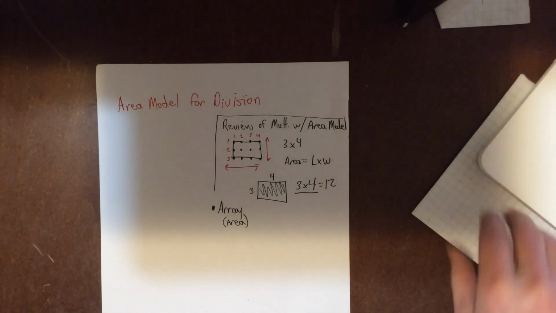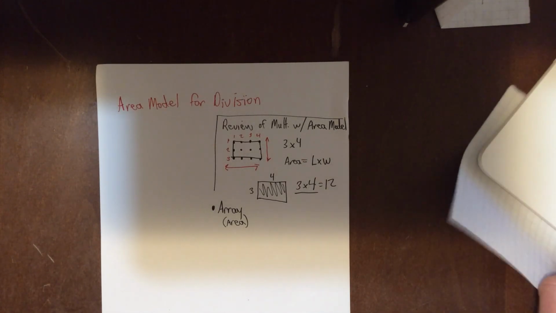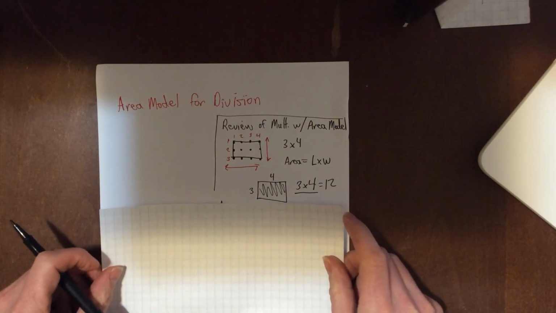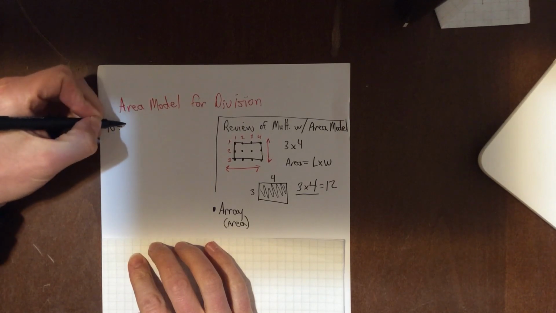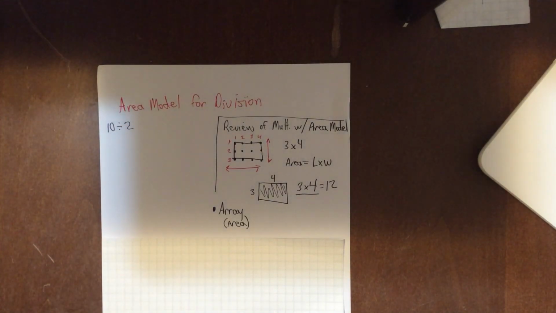So let's just start with dividing 10 divided by 2.